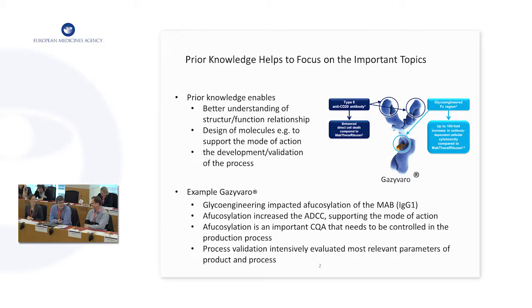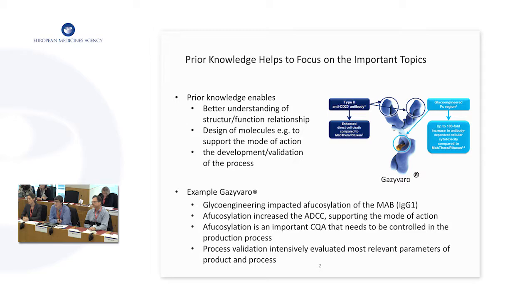Massive audience. I want to jump right into an example where I think we have a success story of how we applied QBD principles and prior knowledge. This is a product that we launched a few years ago: Gazyvaro. In this case, we already used prior knowledge to design the molecule. We have a pretty good structure-function relationship in many cases based on prior knowledge.